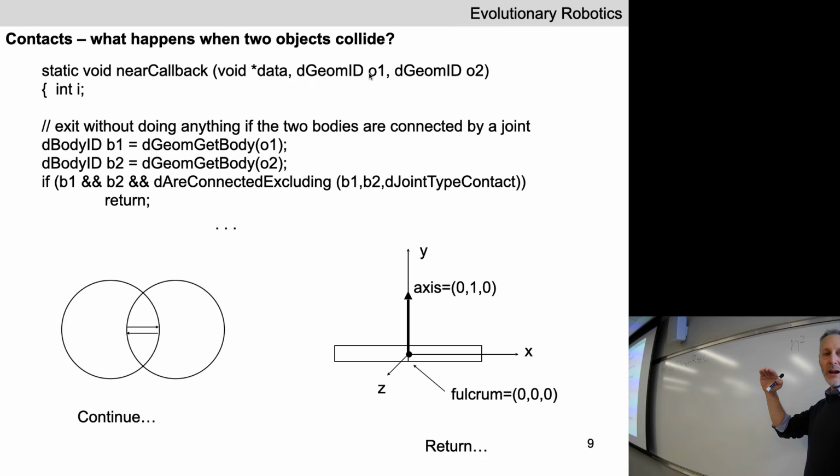It starts by using the geoms. You remember last time we separated the description of every individual object into a body and a geom. The body describes the mass properties of the object, and the geom is like a skin that describes the geometric properties of the surface. As you can imagine, if 2 objects are approaching one another, the physics engine uses the geoms, the geometrical description of the objects, to determine whether or not 2 objects are in contact with one another.